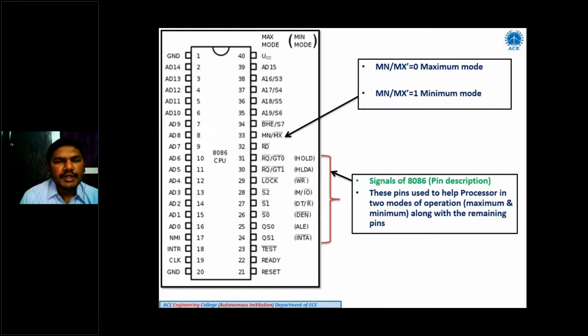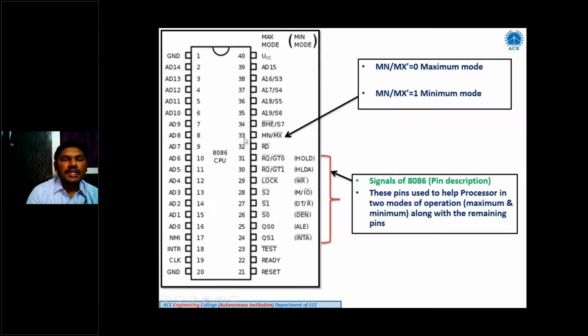If this pin number 33 is a low signal, then it will be operated in maximum mode. If this pin is at logic high, then it is operating in minimum mode. Then we will see what is minimum mode and what is maximum mode.